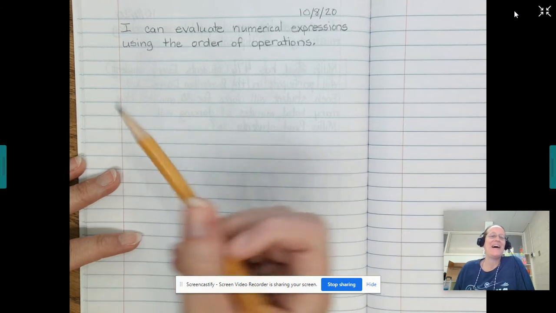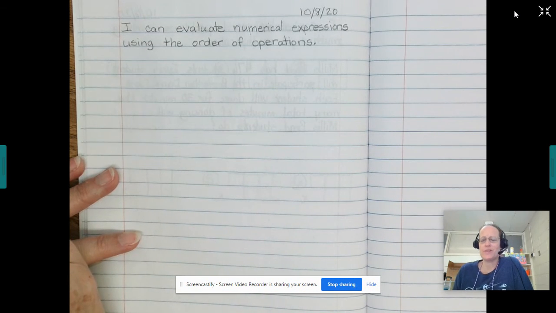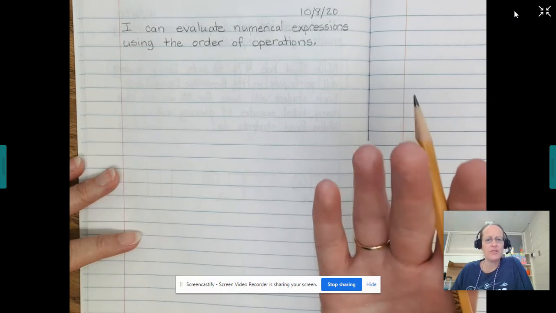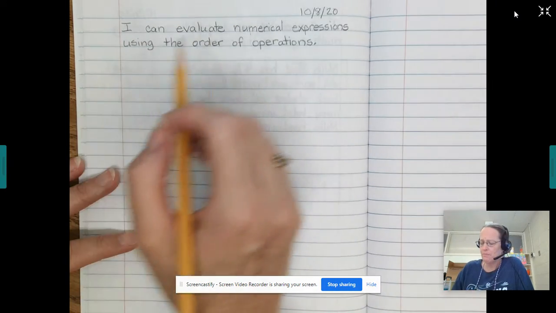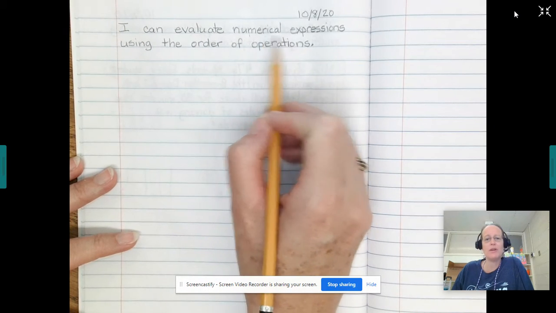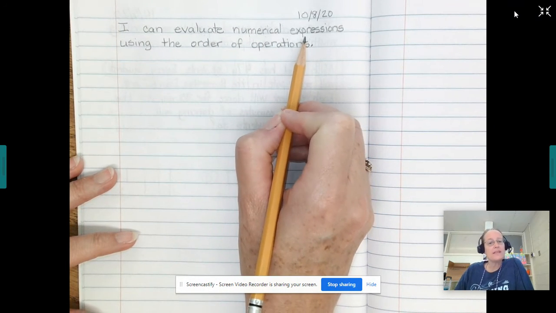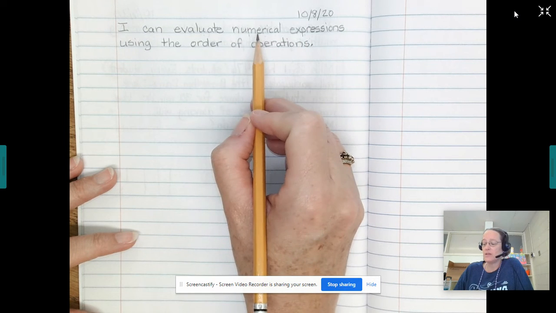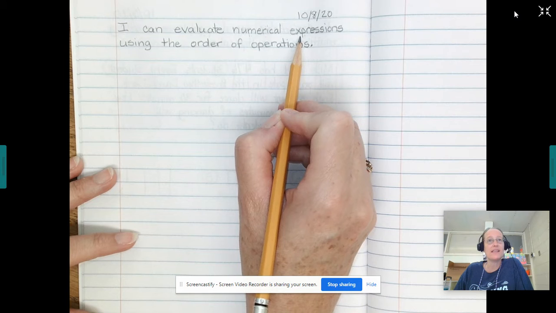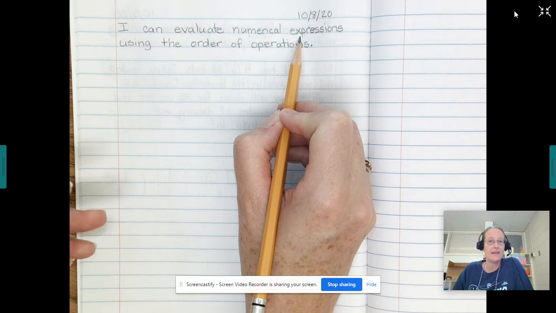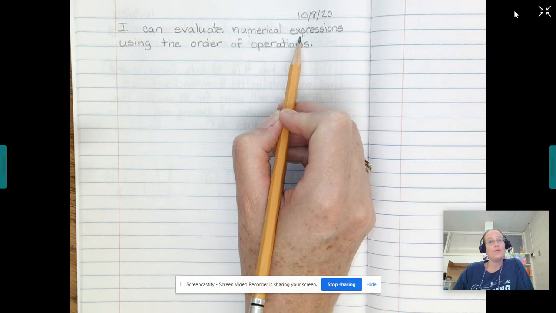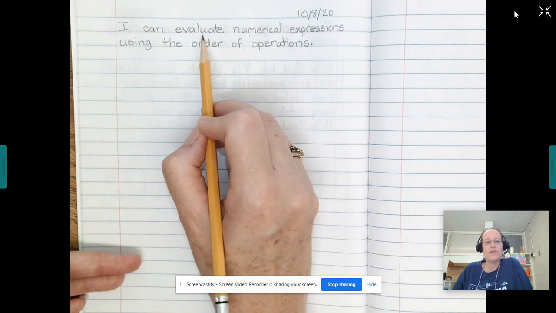Welcome back. So let's look at some of these words in our I can statement so that we can understand what we're getting ready to do. I can evaluate numerical expressions. Well, previously, we talked about numerical expressions as being a fancy way of saying number sentences, which have numbers and computation signs, operations, addition, subtraction, multiplication, division, and then to evaluate.